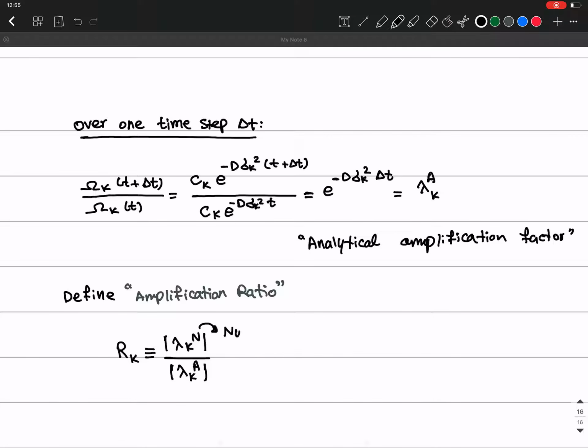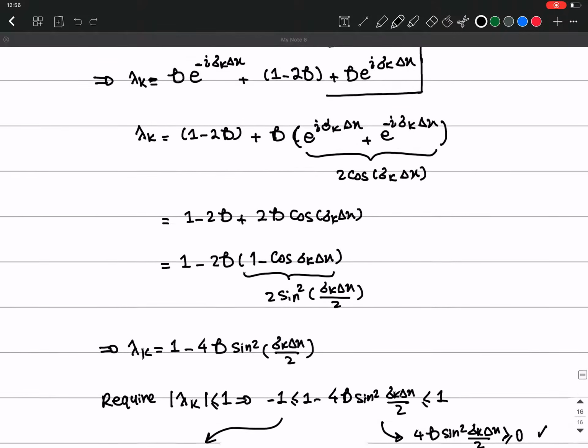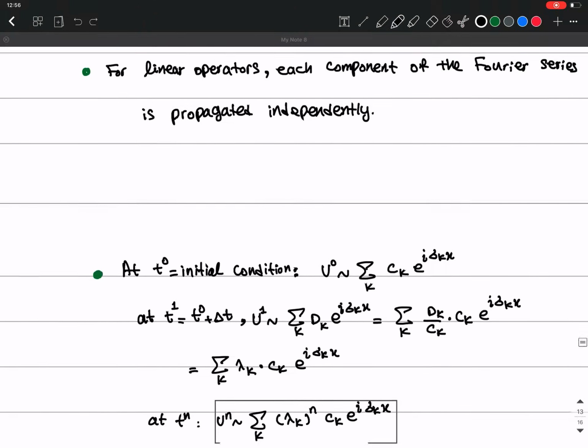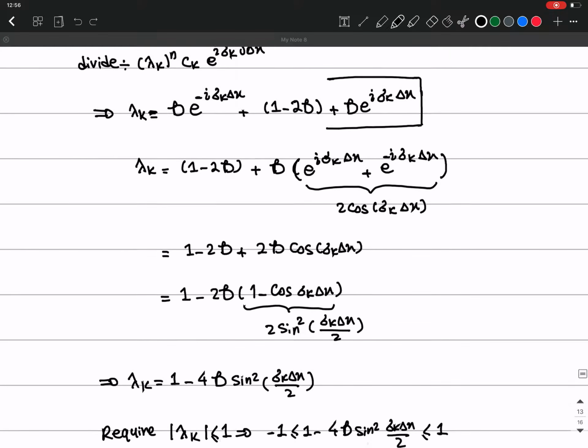The numerical one we found before, and the analytical one we showed here. This lambda_k that we defined here is just for the numerical method that we use.